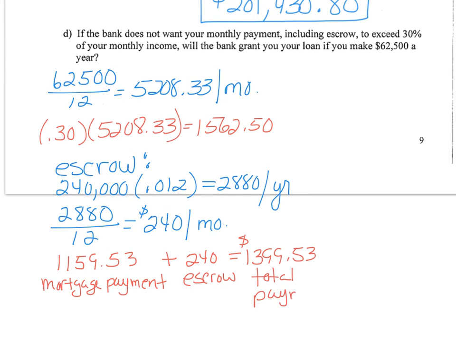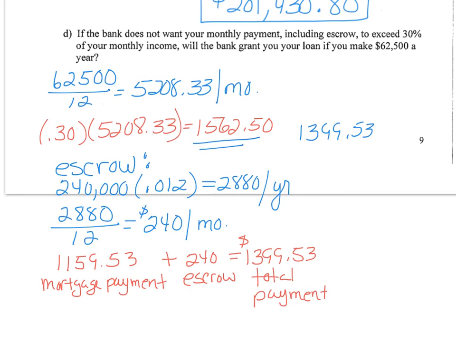Now, let's see if they're going to allow me to take out a loan. Okay, so I'm not allowed to exceed 30% of my monthly income. All right, well, is $1,399.53 greater or less than my allowed amount?